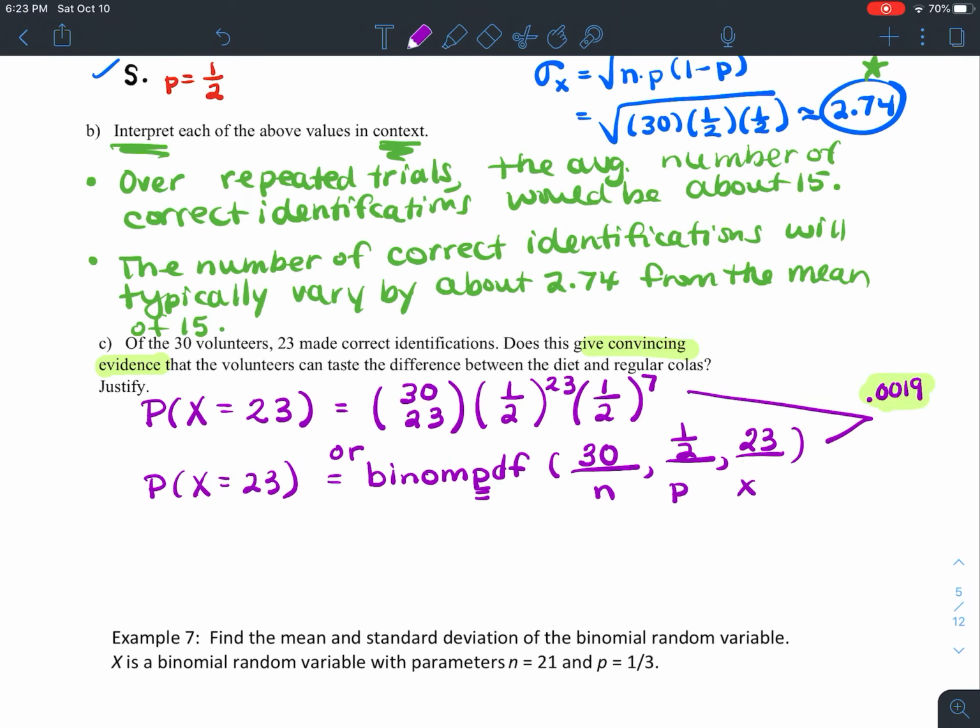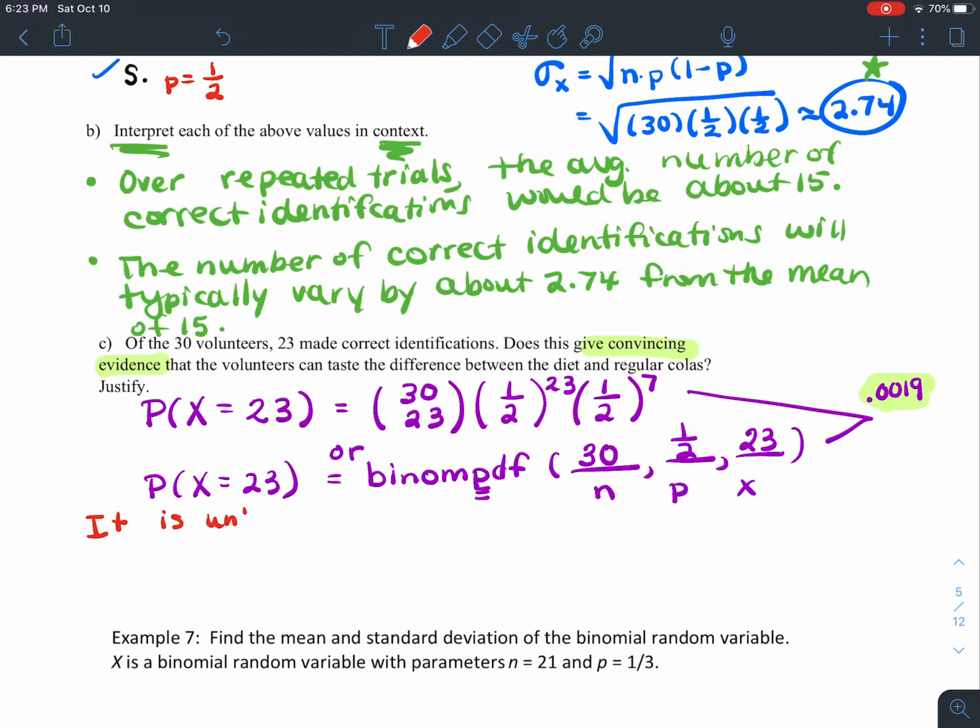We want to look at that number. Remember, 5% is our benchmark in statistics to see how likely it is that something could happen. When it's under 5%, then it's not very likely that that could have occurred just by chance.